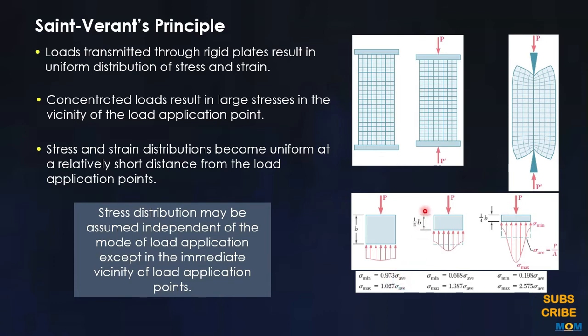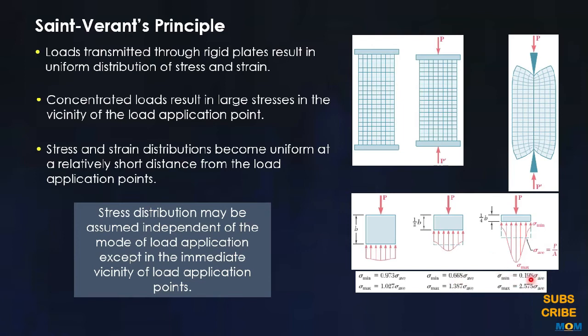Then the average value, you take any value away from this width of that member. Now if we take the values at half of the width along the length, at this half of the width the maximum value is going to be 1.387, whereas the minimum value at the ends is going to be 0.6.